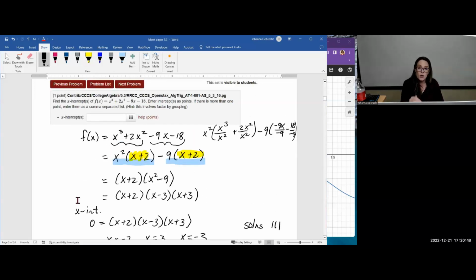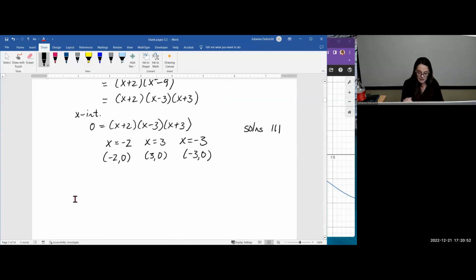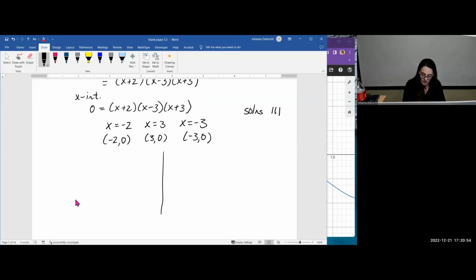So I know I have all the solutions, none of them are imaginary, and I have 3 x-intercepts. So when I graph this and look at it, I know that it's going to cross at negative 2 and cross at negative 3, and it's going to cross over here at 3 as well, right?